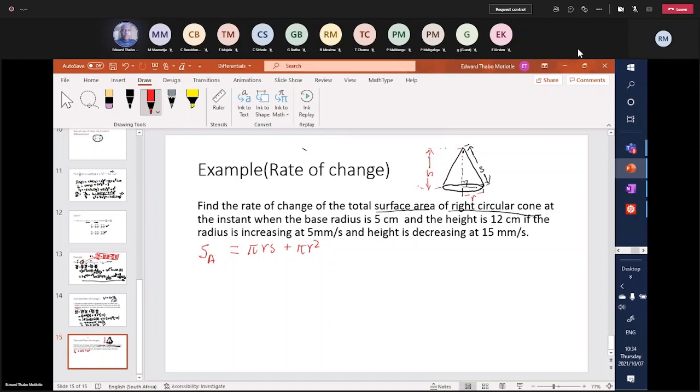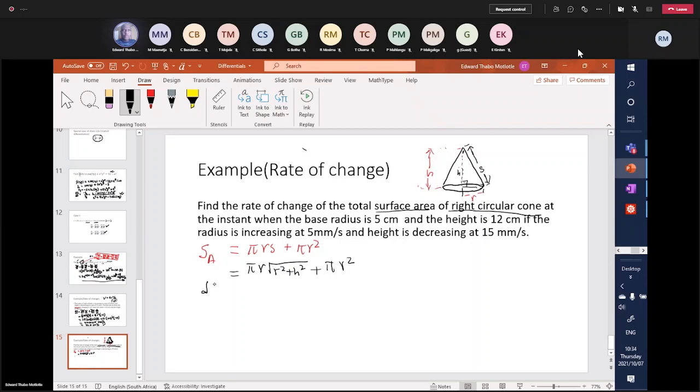So here we have pi R, and S we can represent by the square root of R squared plus H squared using the theorem of Pythagoras, because this is our height H. Now plus pi R squared.